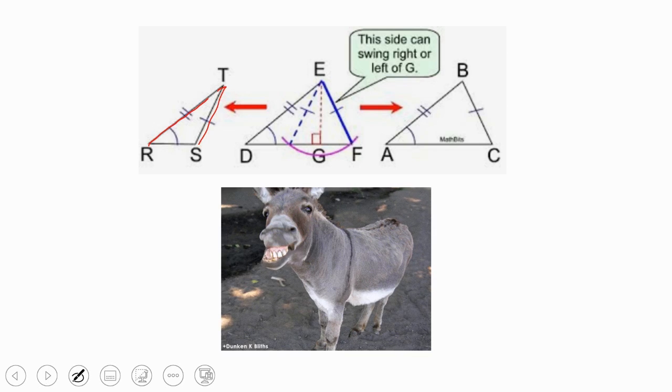The reason is this side could be like that, or this side could shift over here, and you still would have the same two sides and that angle. You don't have to worry about spotting whether that's going to happen. It's just something to be aware of.